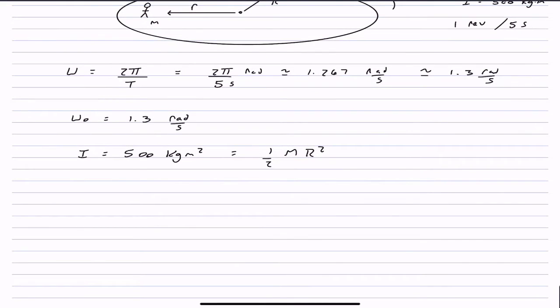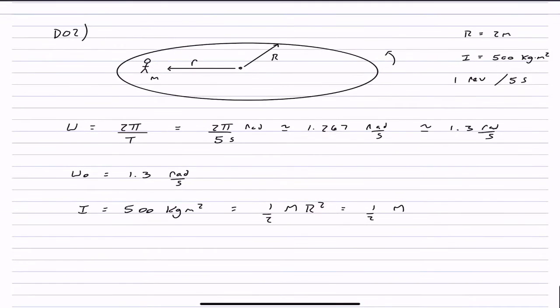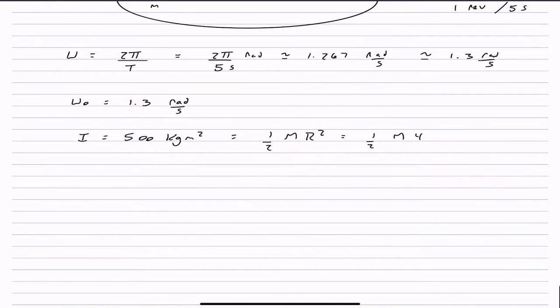That means this is 1/2 m, unknown, r squared. r is 2 meters, so that's 4. That gives us 2m. So now m is equal to 500 over 2, 250 kilograms.